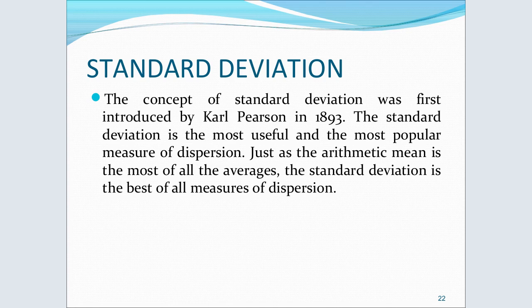Negative 2 raised to 2, negative 2 times negative 2, that is going to give us a 4. Then we are adding 1 times 1, negative 1, that's 1. Plus 0 times 0 is 0. Plus 1 times 1 is 1.